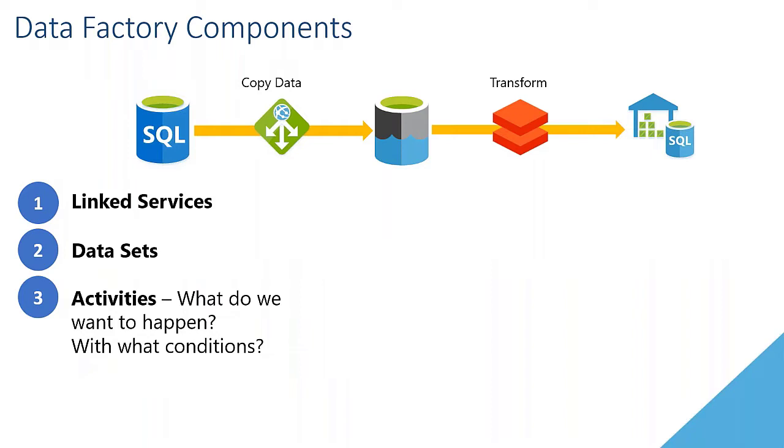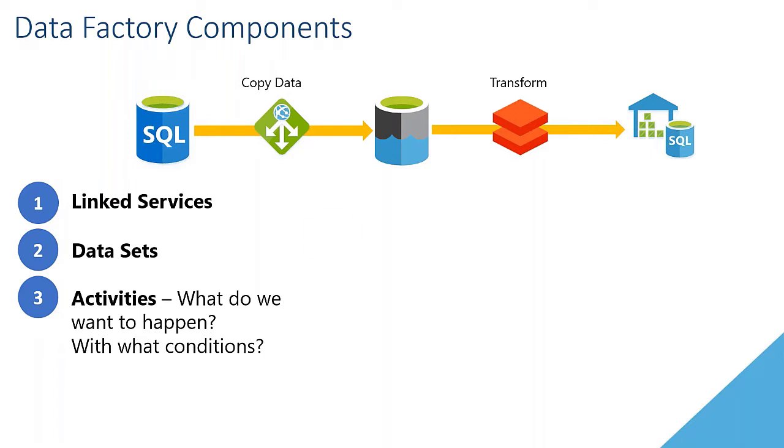Next up, we have this idea of an activity. So the activity is the thing that we want to go and invoke, and the information about that service that we're going to go and talk to.